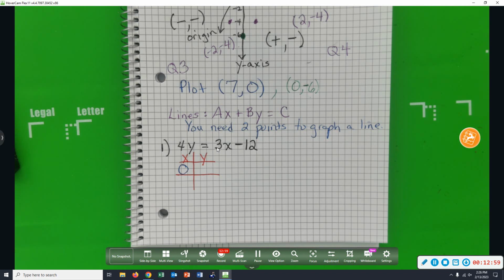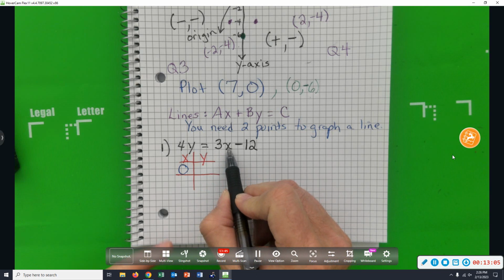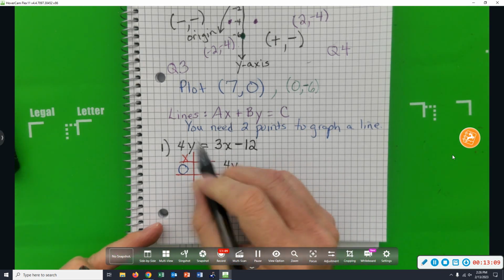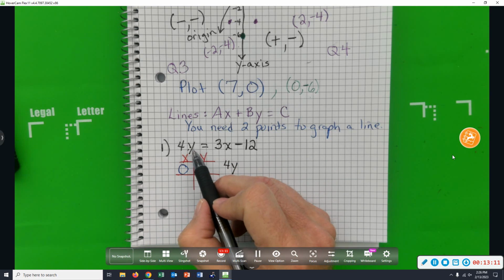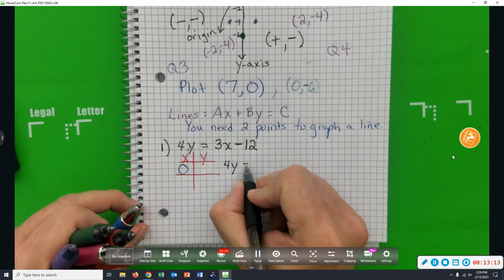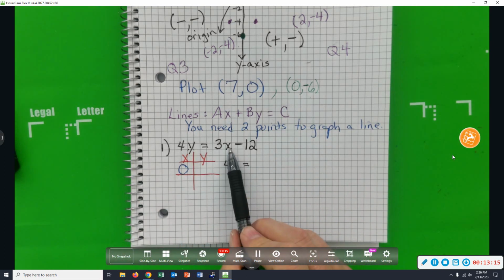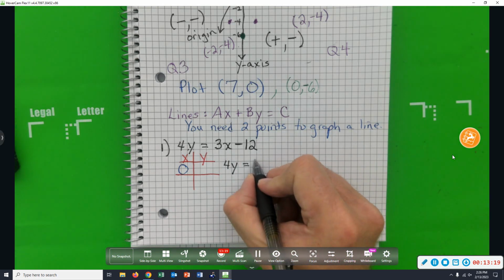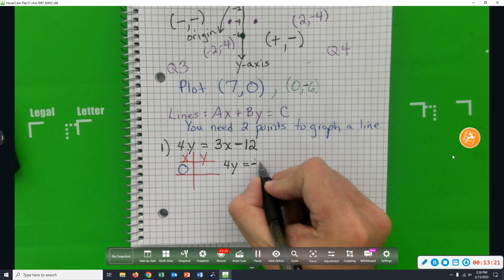So plug a 0 in for x, and we would have 4x. I'm plugging a 0 right here. Sorry, I said 4x, I think. I meant 4y equals 3 times 0 is 0, minus 12. Is that a negative 12?